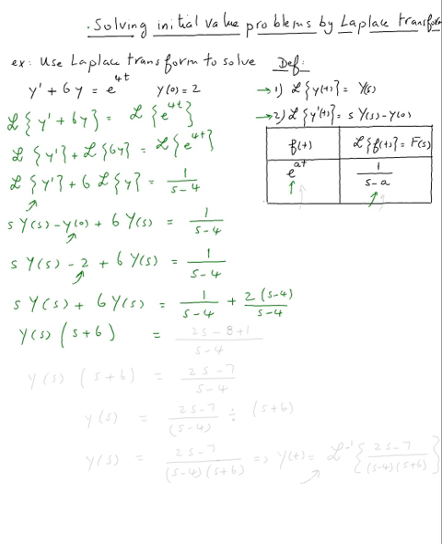Now to add, the bottom is s minus 4, and the top is 1 plus 2 times s minus 4, so it's 2s minus 8 plus 1. Let me rewrite it here, so it's 2s minus 7 over s minus 4.